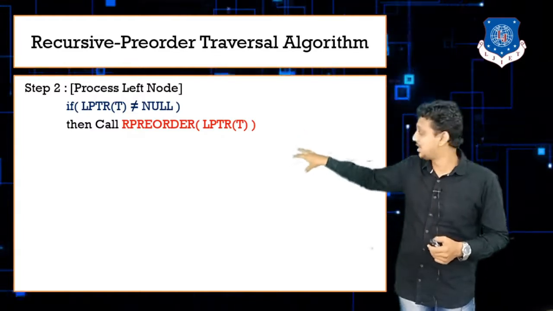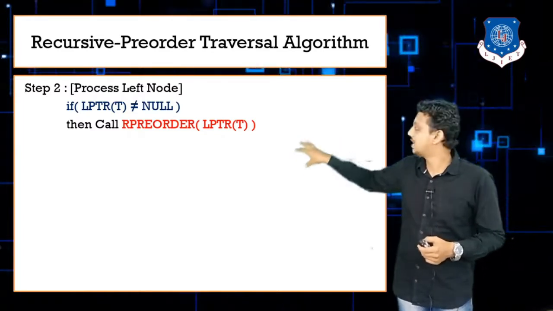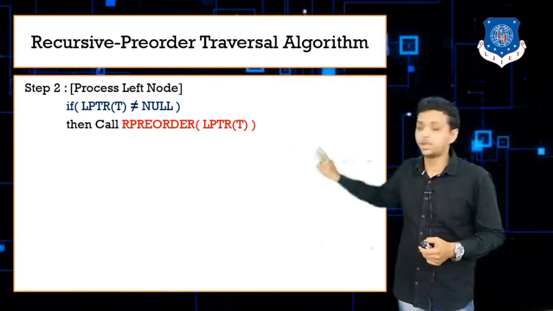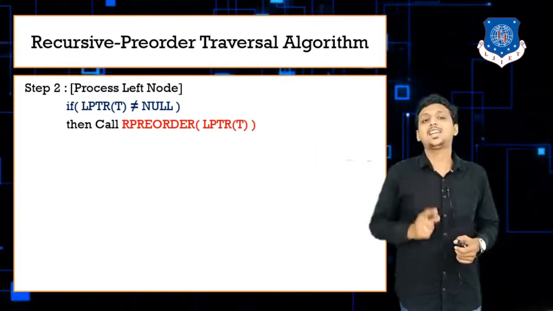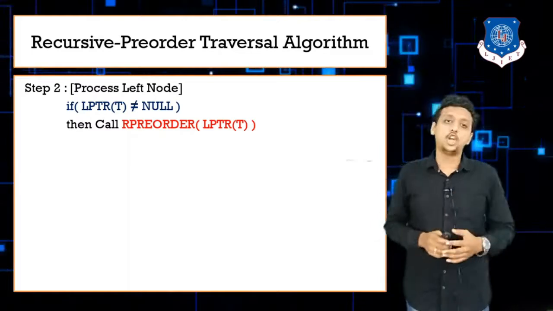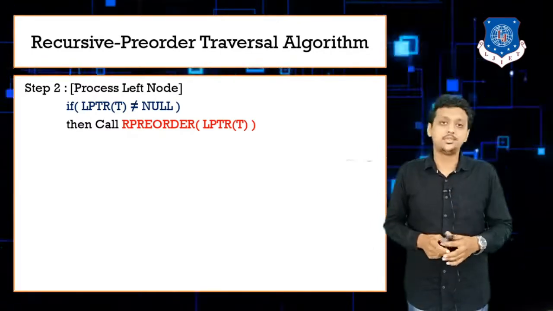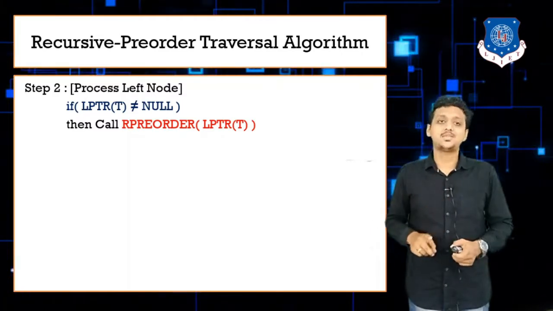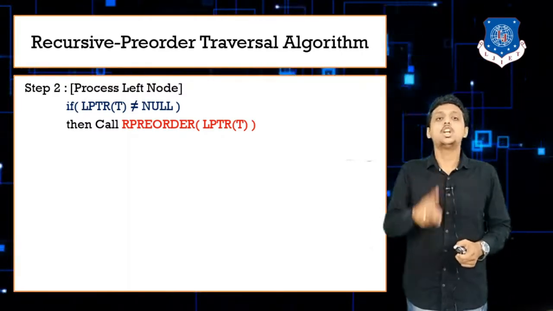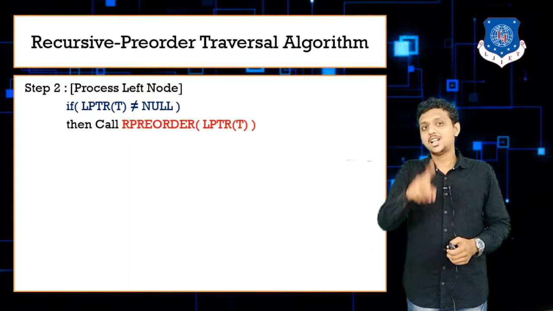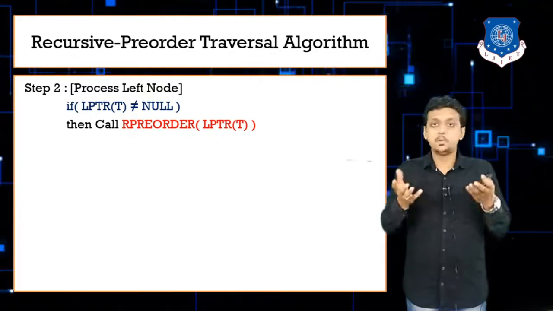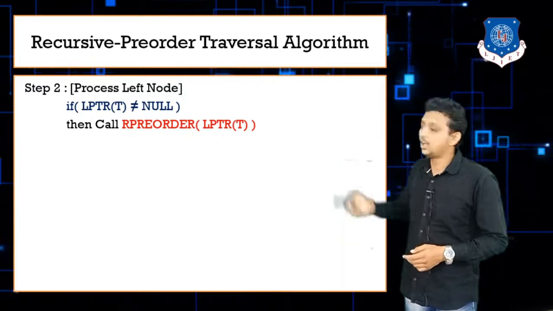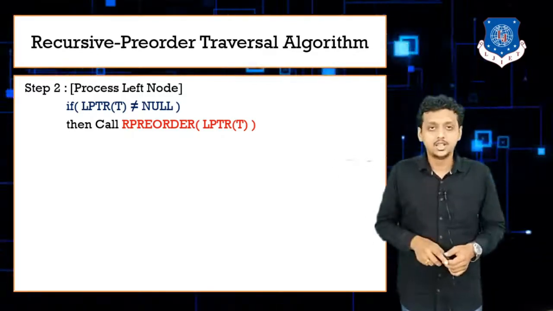If my left child exists, then I need to call this function again for this particular child. That's why I call R pre-order of LPTR of T. Students, here R stands for recursive pre-order algorithm. So you need to apply R pre-order of LPTR of T on the left child of T.